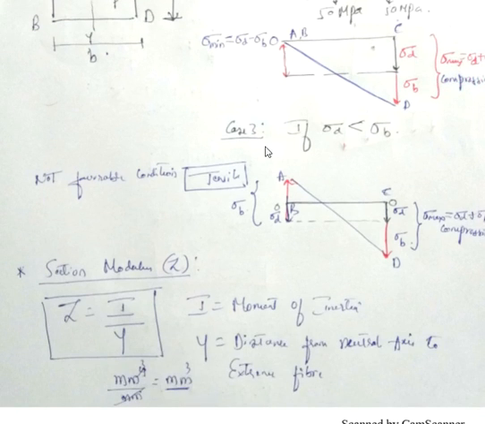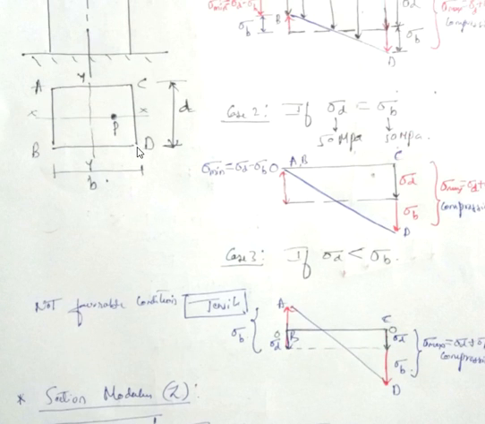But if you look at third case, wherein direct stress is less than bending stress, for example direct stress is 30 megapascal and bending stress is 70 megapascal. Let us represent in stress diagram. Suppose this horizontal line represents 0 stress line. Now look at the right side. Right side is subjected to compressive stress because of direct stress and also compressive stress because of bending stress.